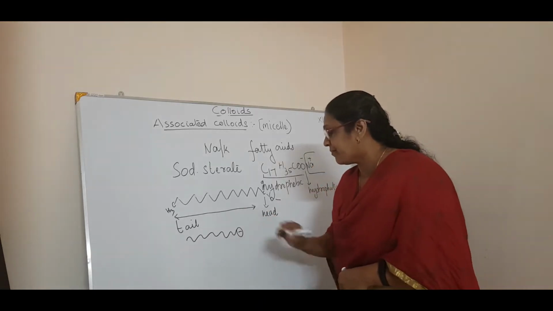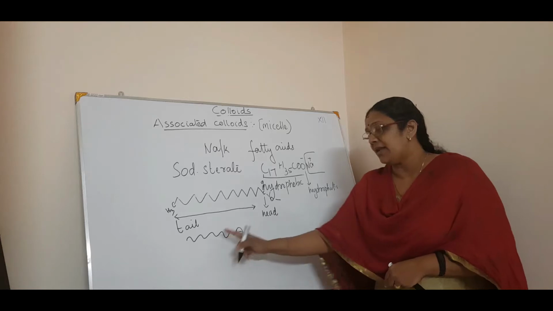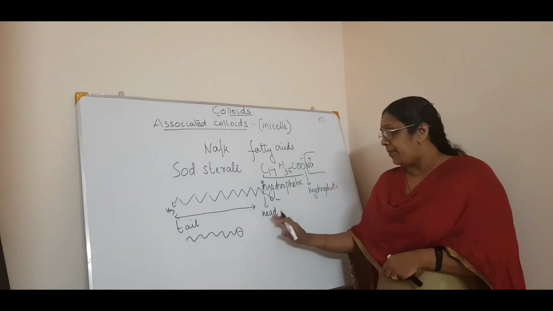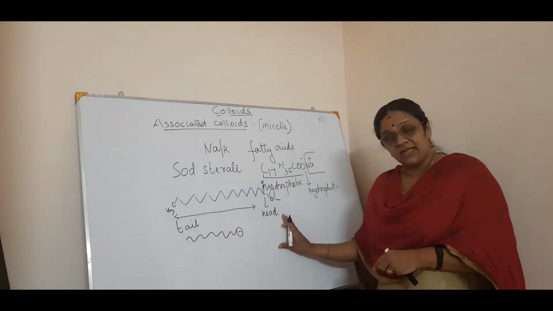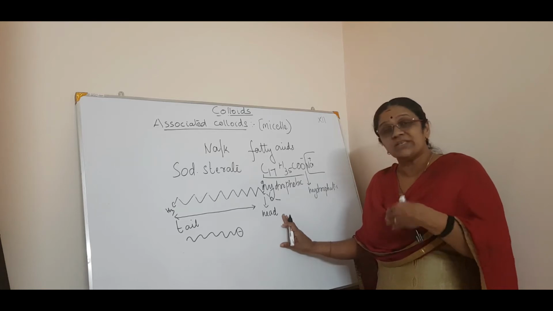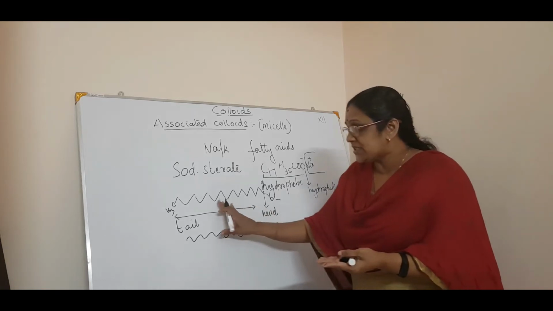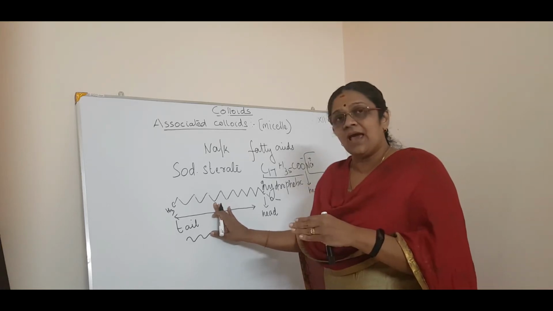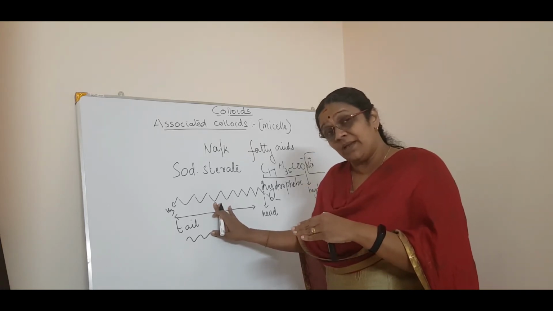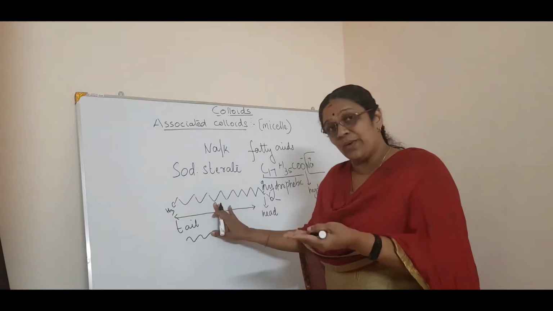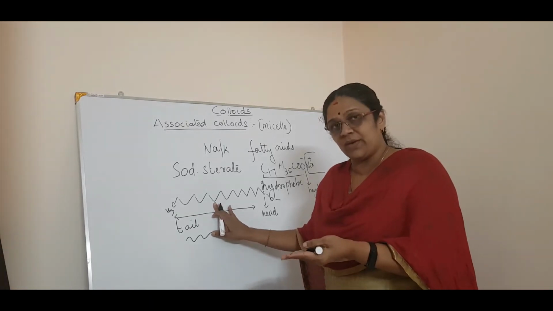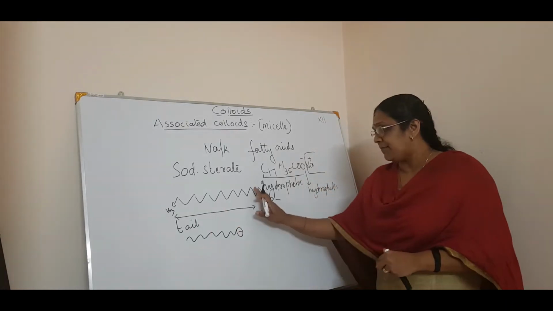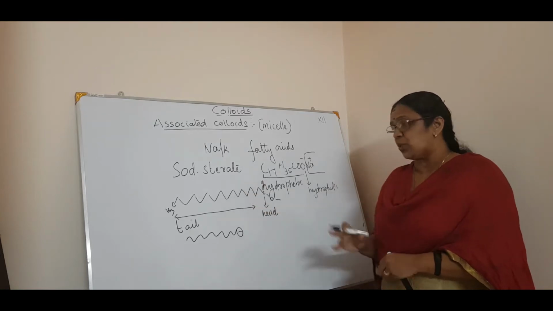Head part is the hydrophilic. What is hydrophilic? Water loving. Now what is hydrophobic? Water hating. Or since it is hydrocarbon, you can say it is dirt loving or oil loving. So this is the structure of this soap.